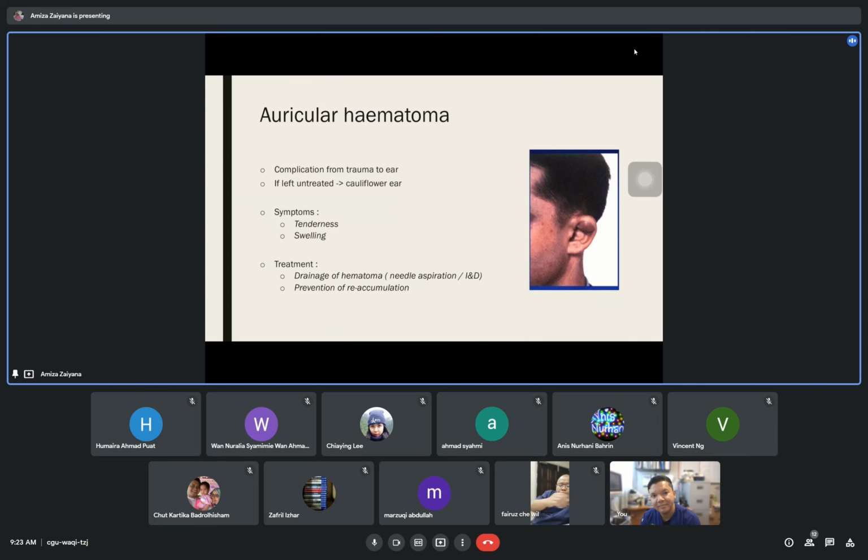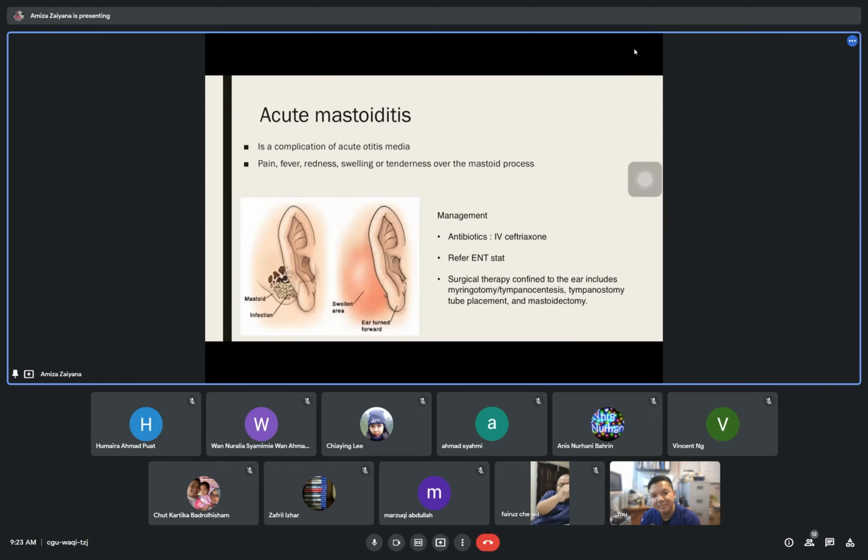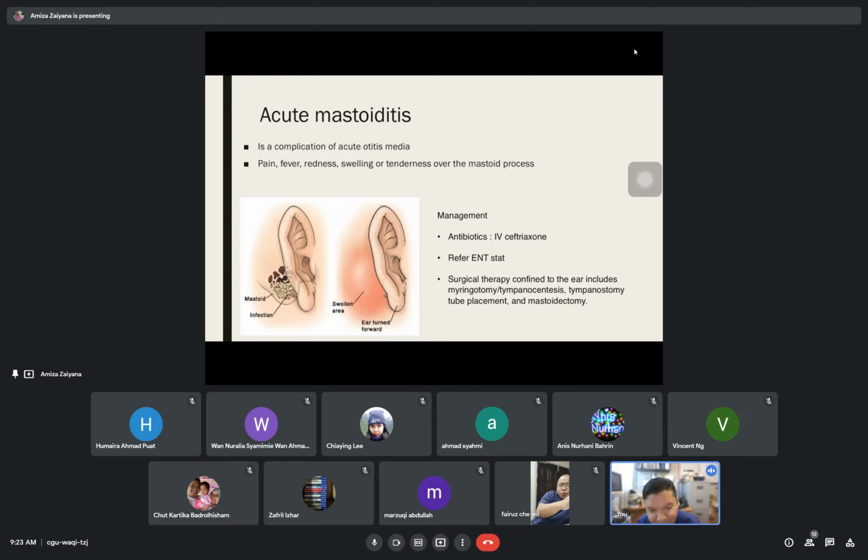Just now, for acute mastoiditis, this is uncommon. Most of the time what we see more is suppurative otitis media and chronic otitis media, which are more common.